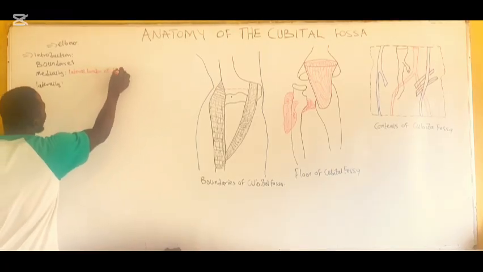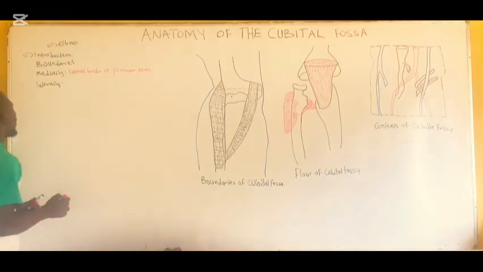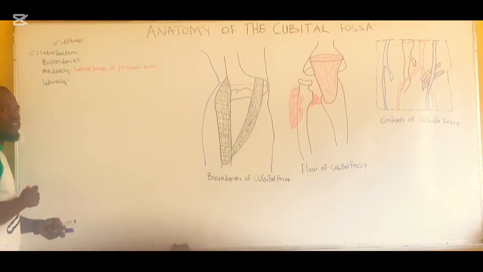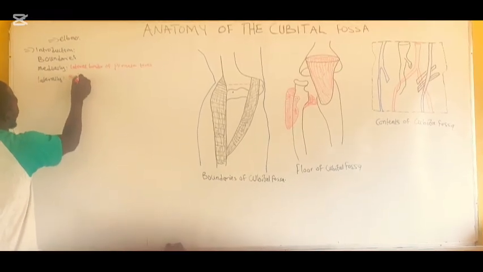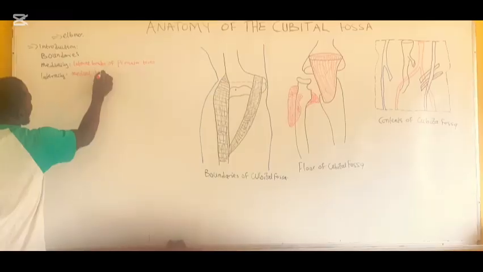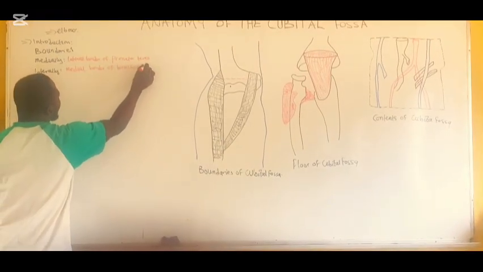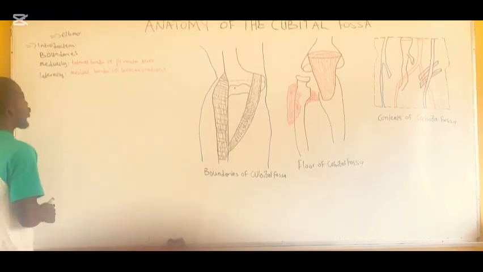And it is bounded laterally by the medial border of brachioradialis. So this is about the boundary of the cubital fossa.